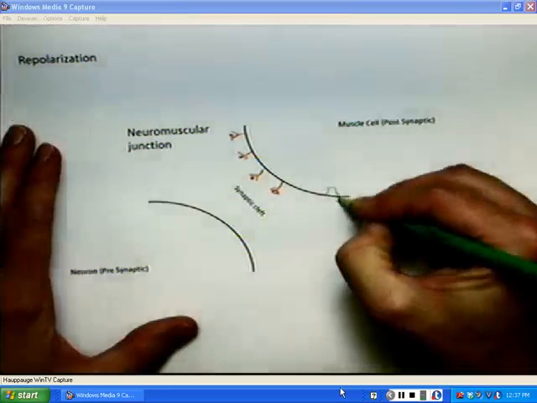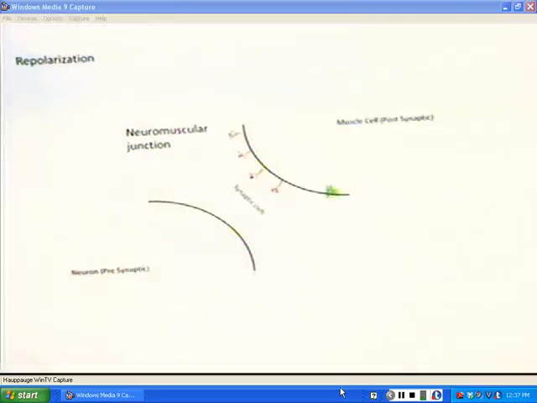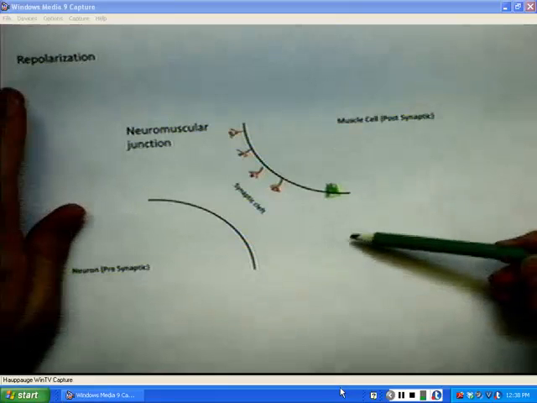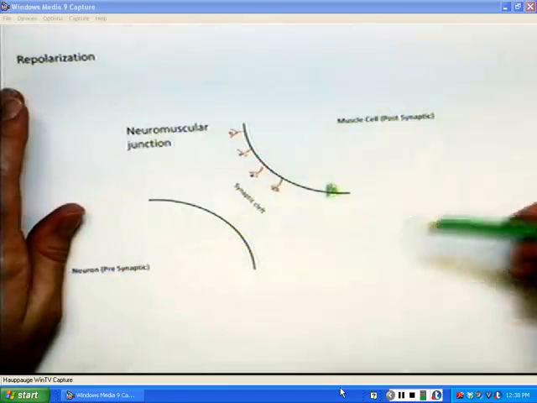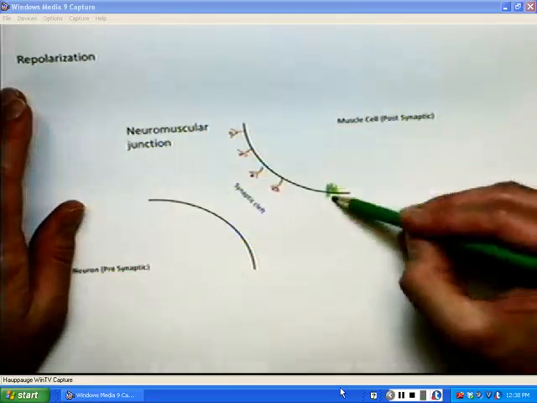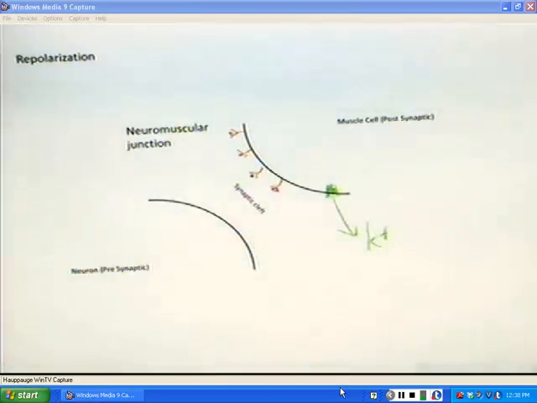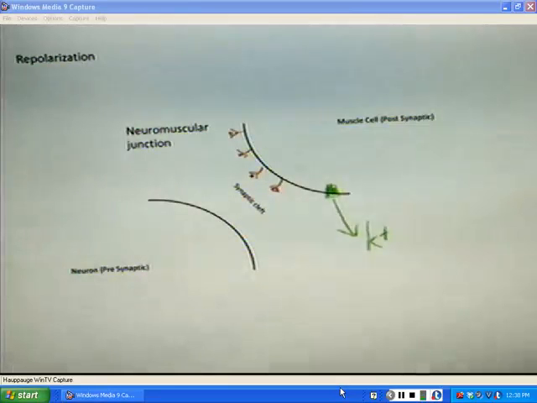So one thing has happened, the sodium gates closed, and two things have to happen. Number one, potassium gates open, and remember the concentration with potassium. Potassium is low out here, was high in here because of the sodium-potassium pump. So potassium rushes out. Once potassium rushes out, you're no longer as positive.